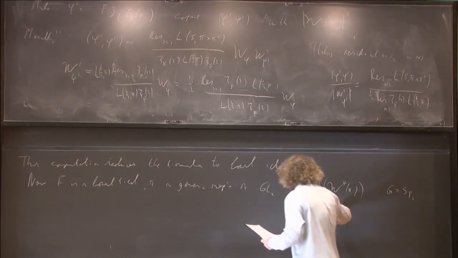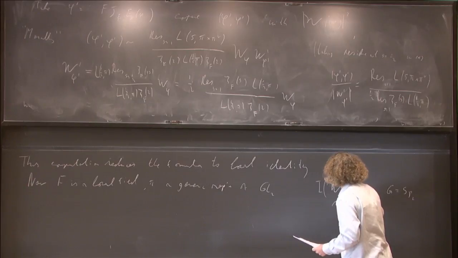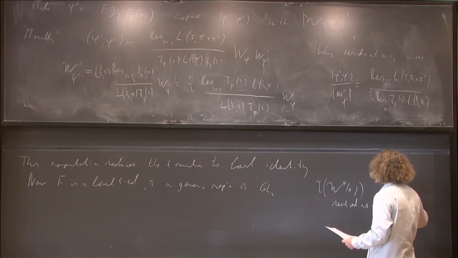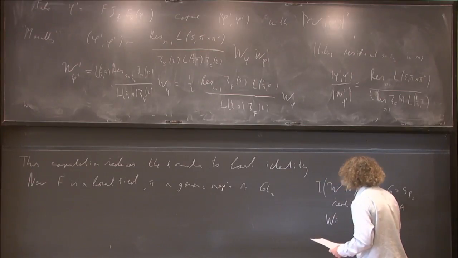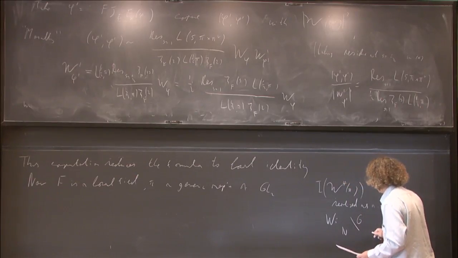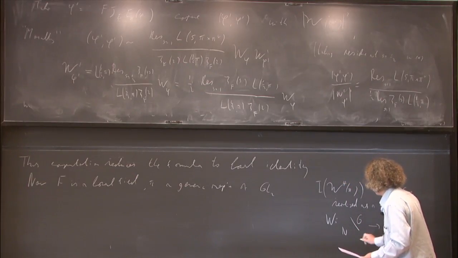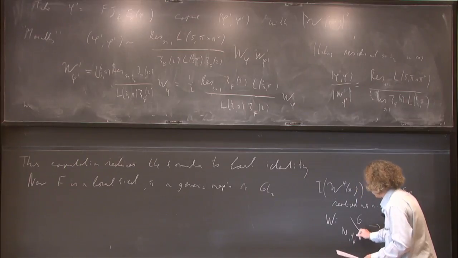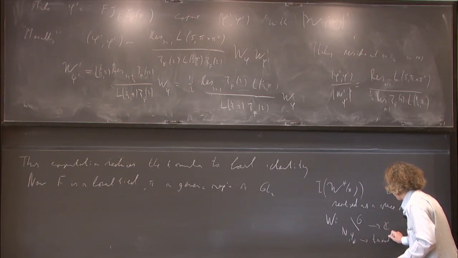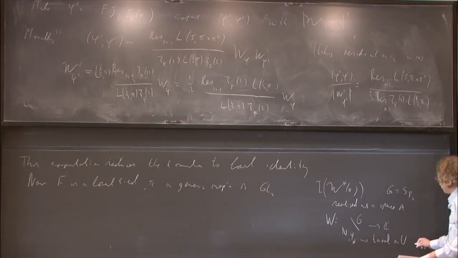So this is realized as a space of functions from G mod N. On N I will have a character psi N, which is nontrivial on U and nontrivial on the M part.